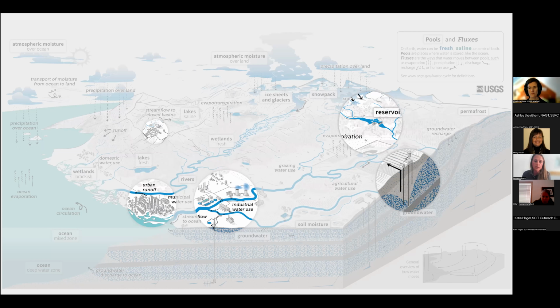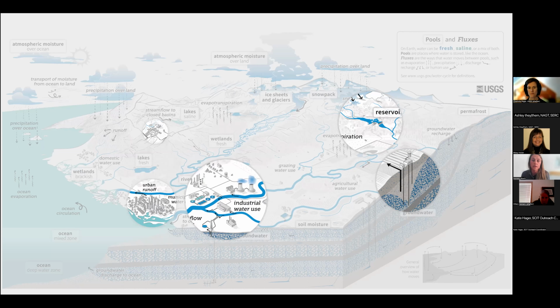We show human activities that can change the quality of water, for example, irrigation, mining, and the treatment plant outflow and industrial returns shown here. We also show more passive and direct impacts that people might not think of, such as runoff in urban environments. We show that we affect water timing, so when water moves, quantity, how much water we have, and quality in multiple areas of the diagram.